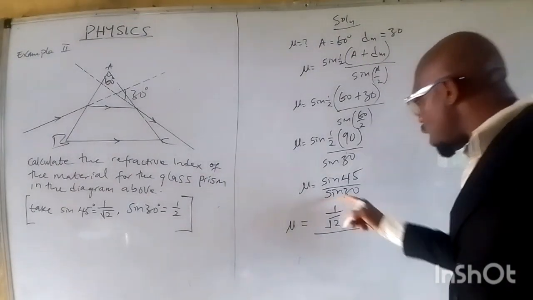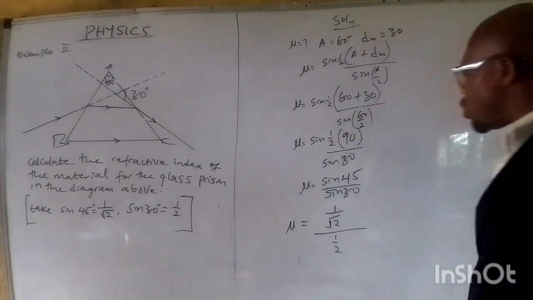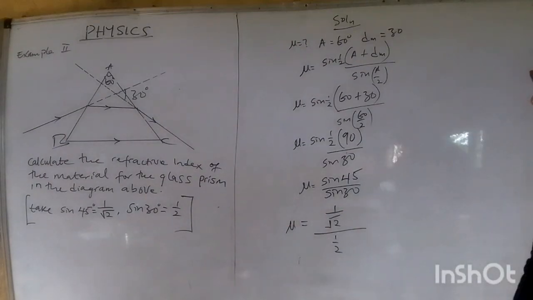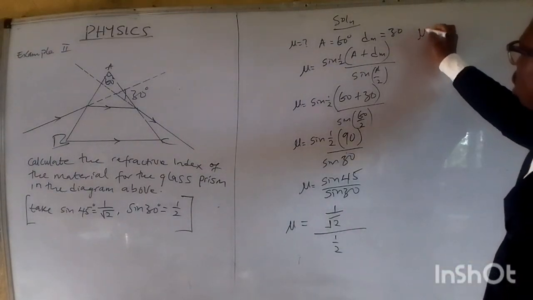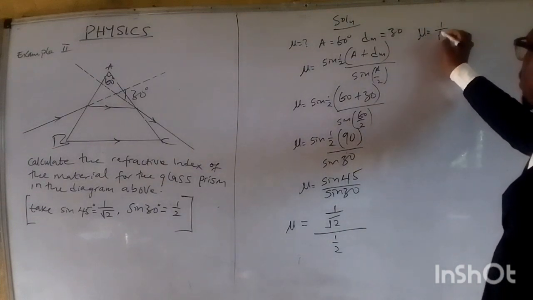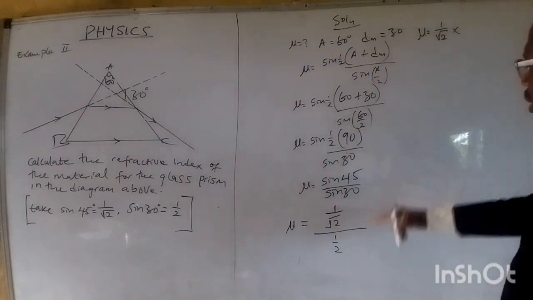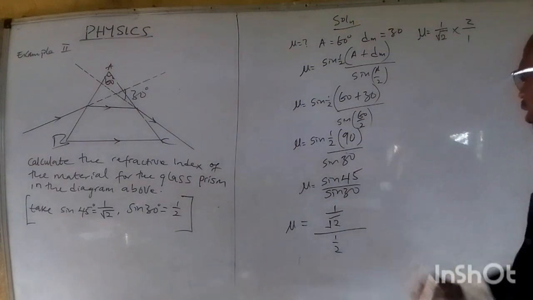So all over sine 30. Sine 30 from there is half. So if we have this kind of fraction, of course we rationalize it. By rationalizing, we have mu is equal to 1 over root 2 times 2 all over 1.